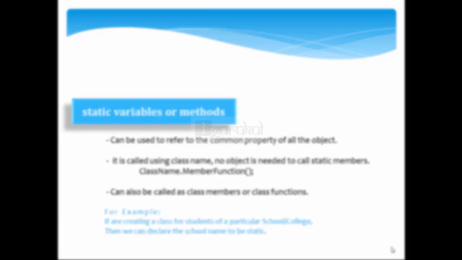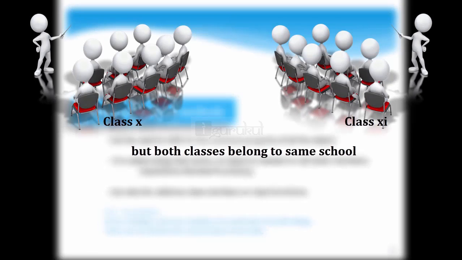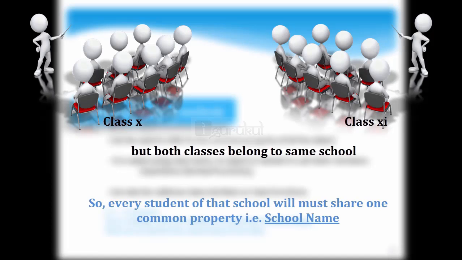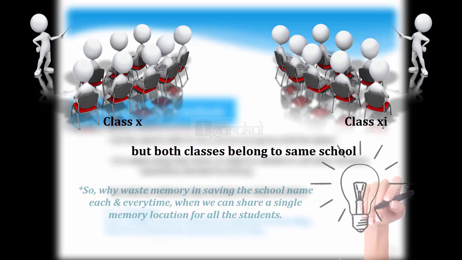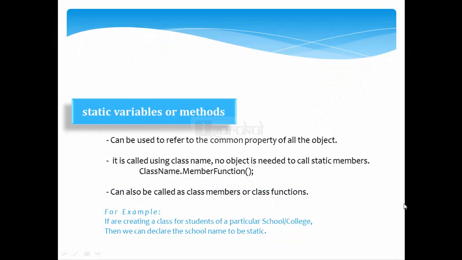For example, suppose you are creating a program to store the names of 100 students. Those 100 students must belong to a school, and you have to display the name, roll number and school of each student. So you have to create 100 instances of that class to display the data of 100 students, and you will be displaying the name of your school in each and every instance.